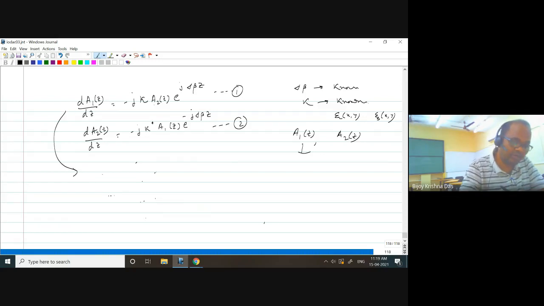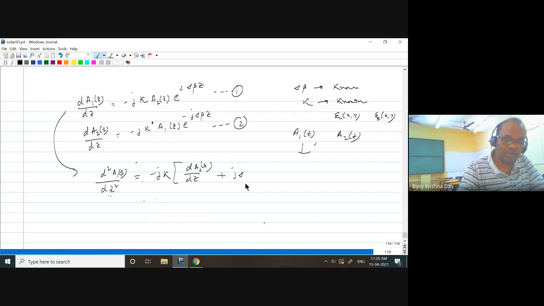I make the derivative d2A1Z by dZ squared, and on the right-hand side let us take minus j kappa, and I can write dA2 by dZ, and then plus j delta beta A2 and e to the power j delta beta Z. That is the right-hand side, right?